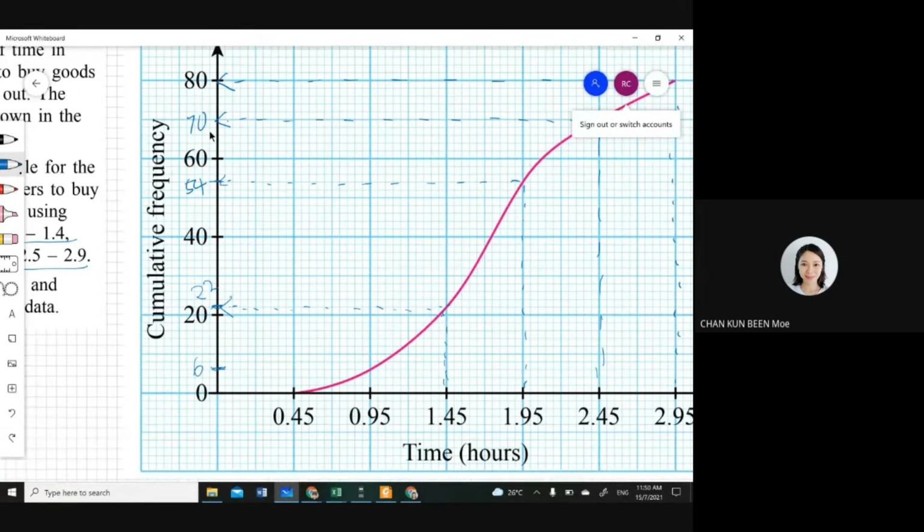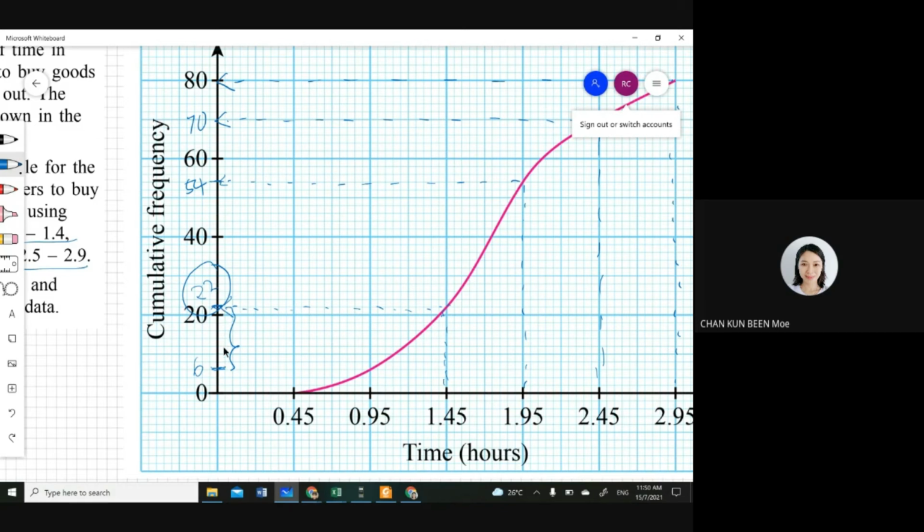So for the first class, we need to find the frequency over here. That means we have to deduct, because 22 is the cumulative frequency that you already added with 6. So to find the frequency here, you do 22 minus 6.